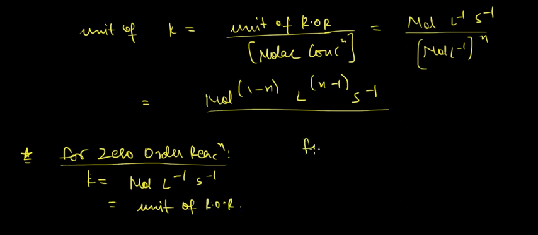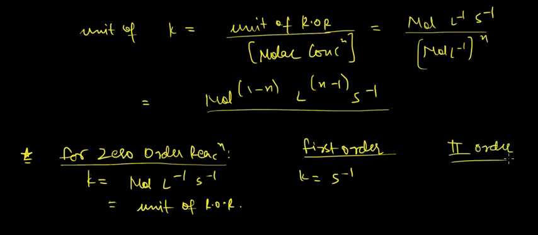For first order, as n equals 1, the unit of K would be second inverse. And for second order reaction, n would be equal to 2, so the unit of K would be mole raised to power minus 1 liter second inverse.